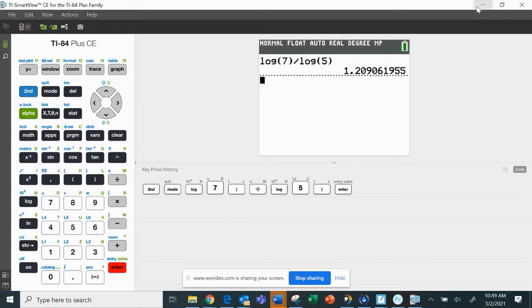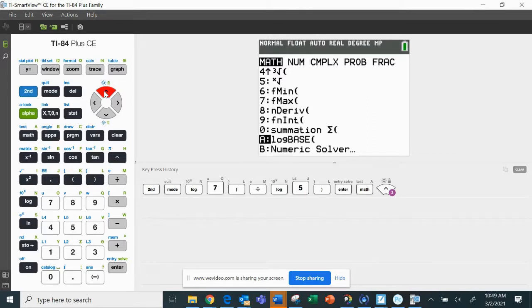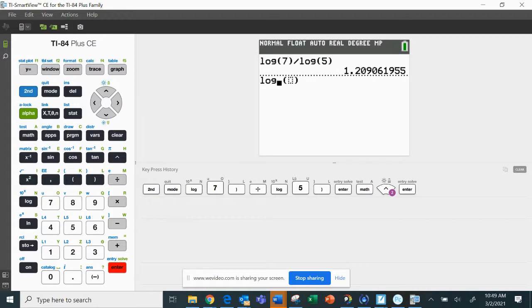If you have the newer calculators and you go to math, and then scroll, there is a log base button, and it will allow you to put in the little 5 and the 7. Sometimes even though I have the new calculator, I still use the change of base formula because it's faster for me than going under the math button, but either is fine. If you have the older calculators, you can only do it the one way.